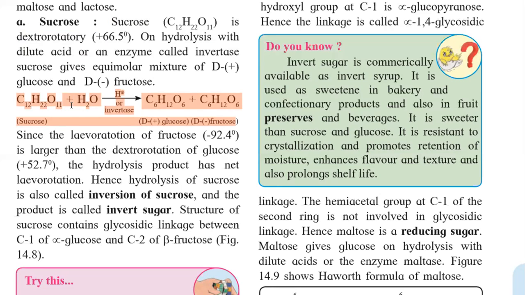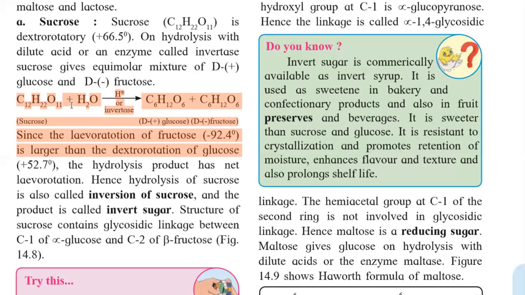Glucose is dextrorotatory and fructose is laevorotatory. The laevo rotation of fructose is minus 92.4 degree, which is larger than the dextrorotation of glucose, plus 52.7.